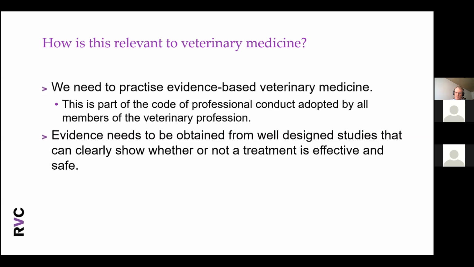So we need to consider the evidence of the effectiveness of treatment before we administer that treatment, and we should be administering the most effective treatment known, providing there's not a reason that it shouldn't be given to a particular patient. And the best evidence is obtained from well-designed clinical trials.